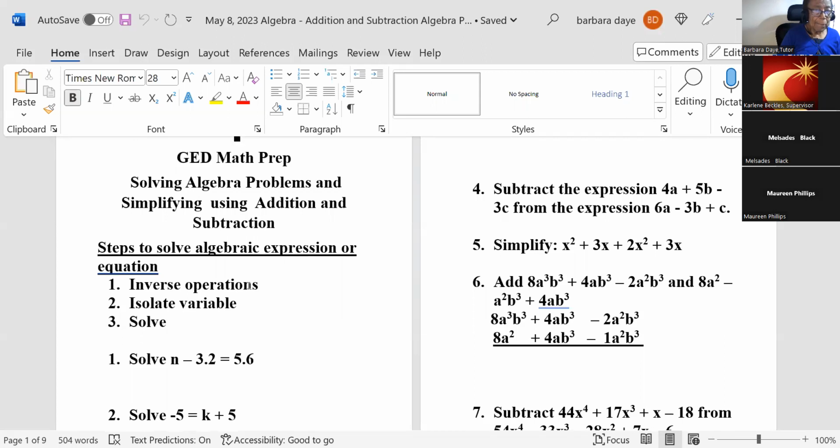Division? Multiply. Subtraction? Add. Okay, so you know your inverses. So you do that first, and then you isolate your variable, and then you solve. Sometimes once you isolate your variable, it may be solved already, but sometimes it's not.